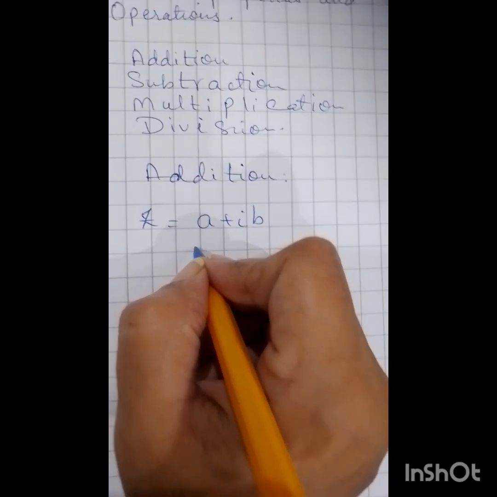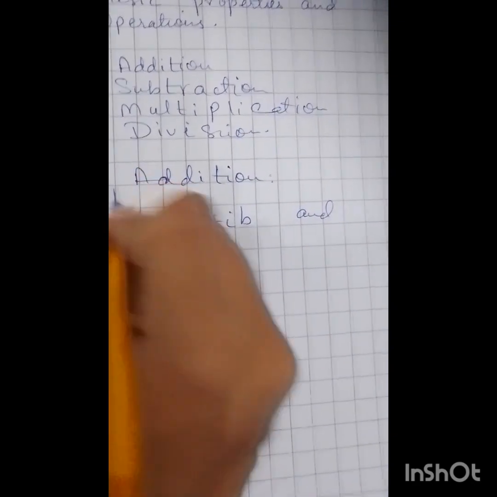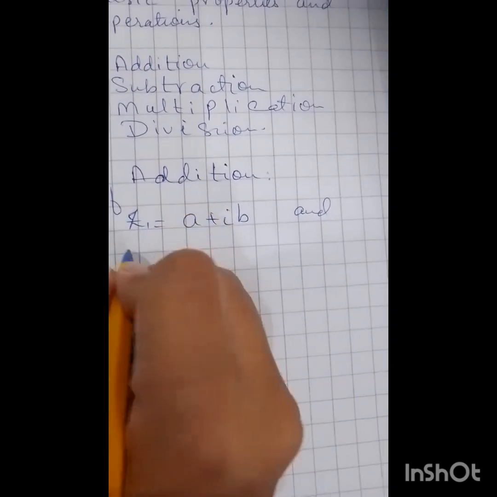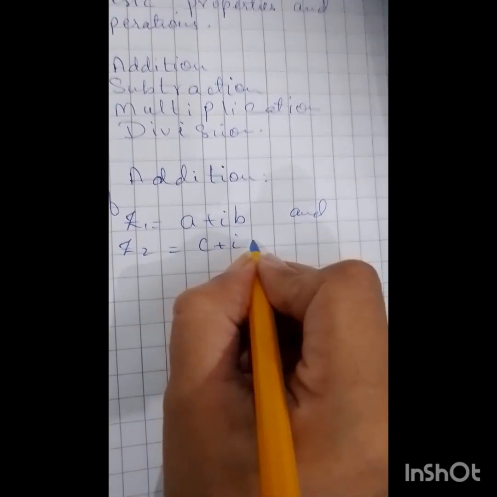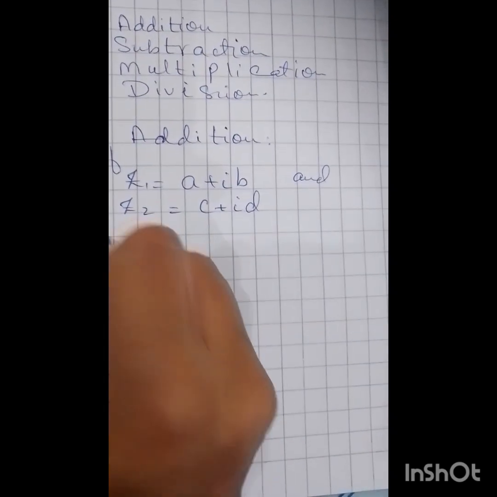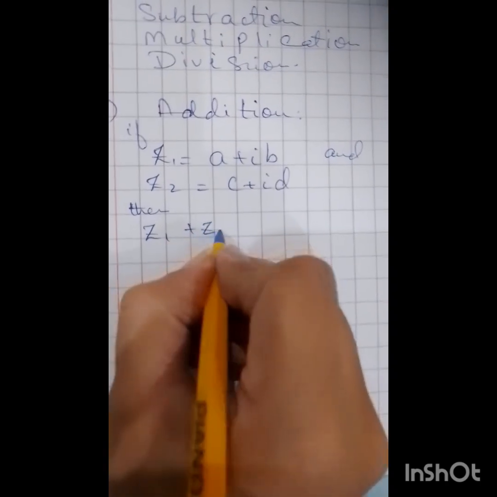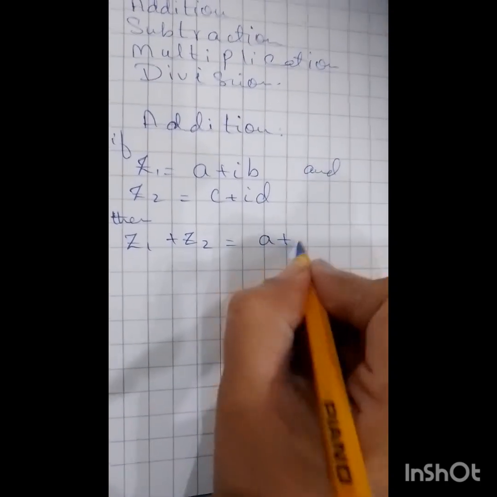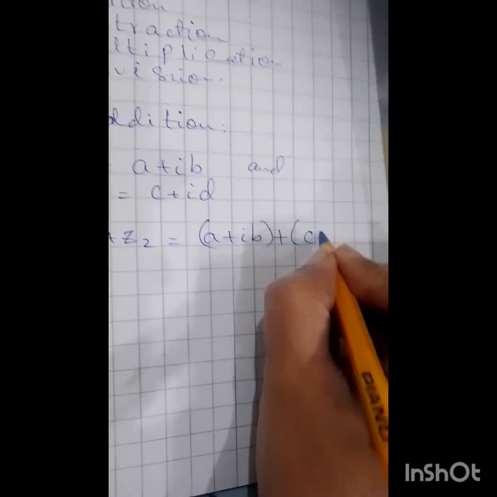We have the general equation of a complex number, z1 equals a plus iota b, and taking another equation, that is z2 equals c plus iota d. Simply we are going to add them: z1 plus z2, a plus iota b plus c plus iota d.